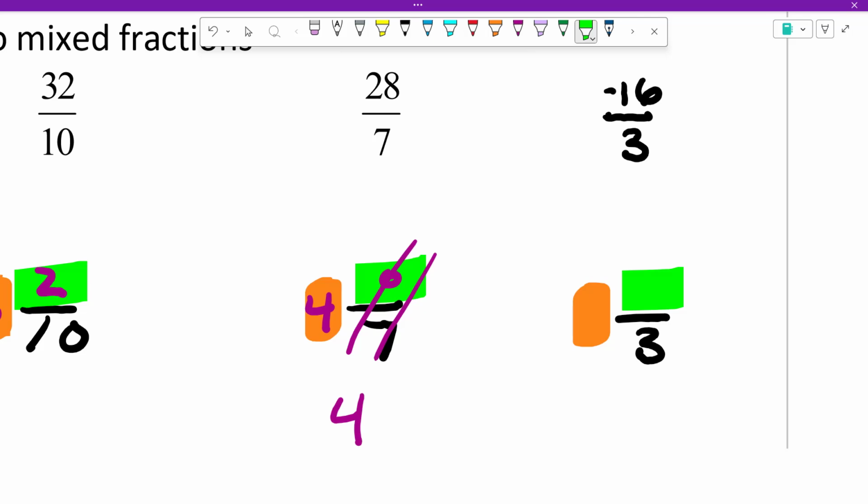How many full times does 3 fit in? 5. Because 3 times 5 is 15. And we need to make it negative because it's a negative number. And one more left over to get to 16. That's it.